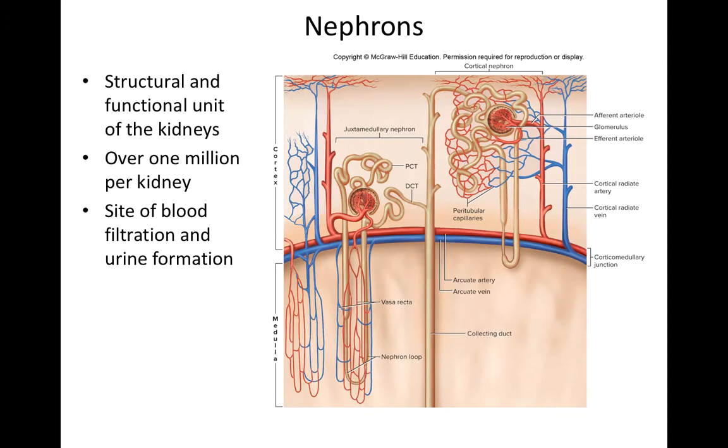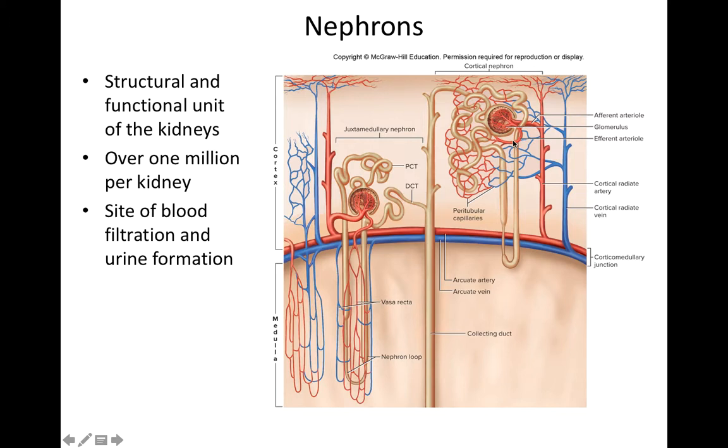Okay. So when we were talking about the arcuate artery, we said we would come in on the arcuate artery and then we would branch into cortical radiate arteries here. And then we would go into an afferent arteriole, which means going into something. And what we're going into is this glomerulus, this ball of capillaries here. And then an efferent arteriole that comes out.